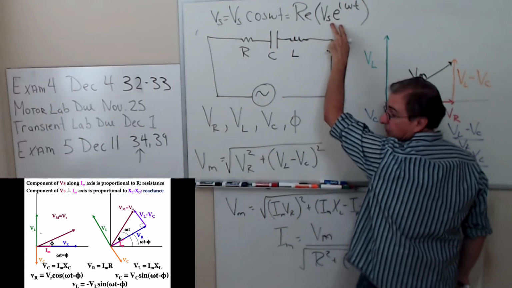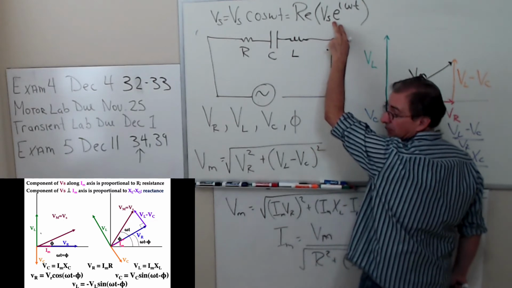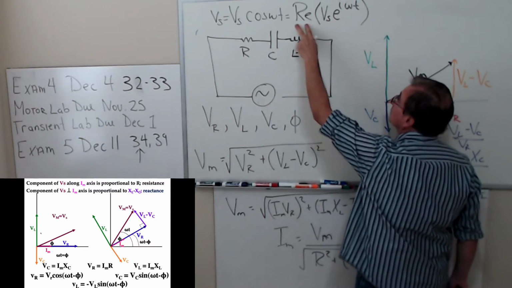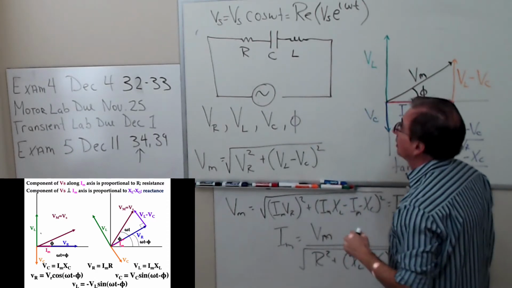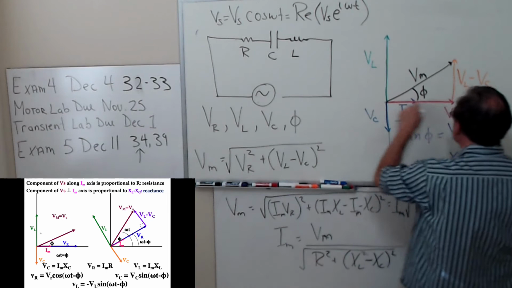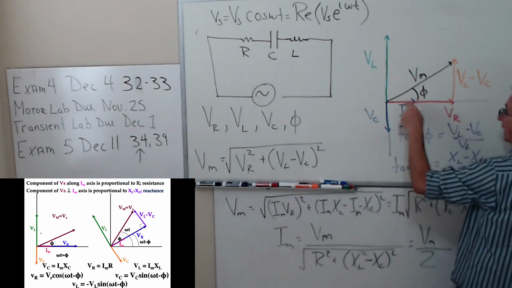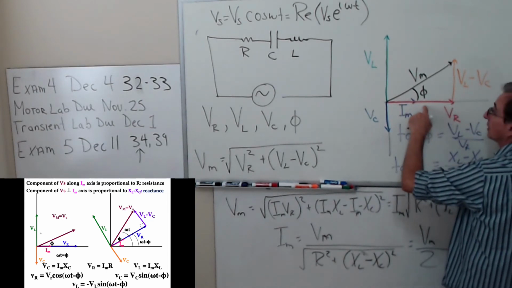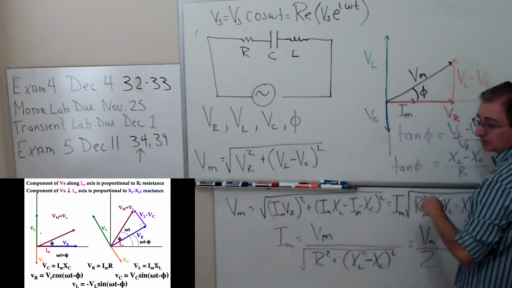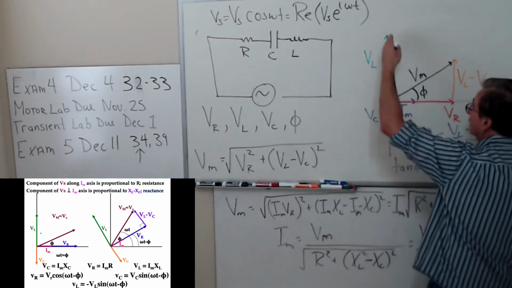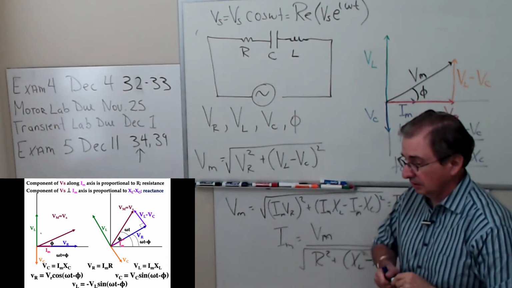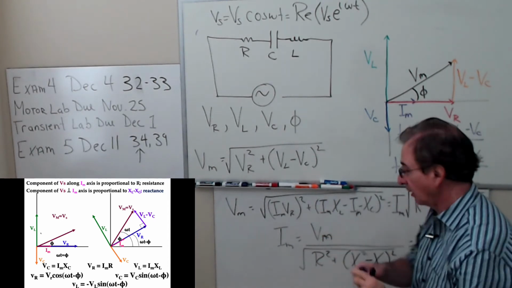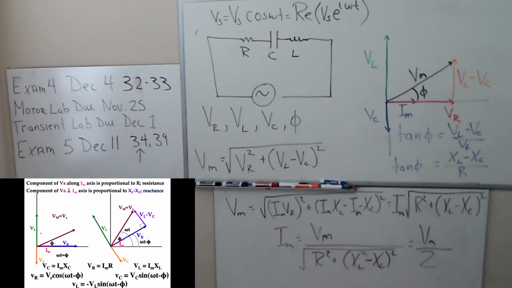If you know Euler's expression, the real part of this is cosine omega t. So this is the real part of E sub s times e to the i omega t. The part along the axis of I sub m is the part that contains the resistance, the real part. And then the part along this axis is the imaginary part. Okay? And I don't want to get anywhere beyond that.